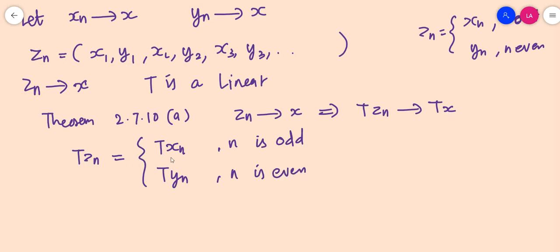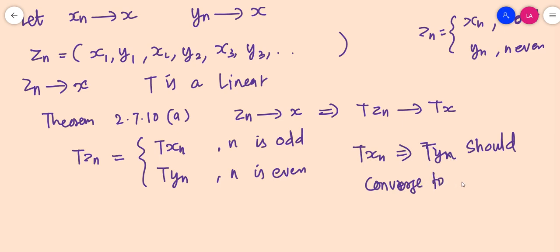It has two subsequences, and T of zn converges means every subsequence of T of zn also converges to the same limit as well. So T of xn and T of yn should converge to the same limit.